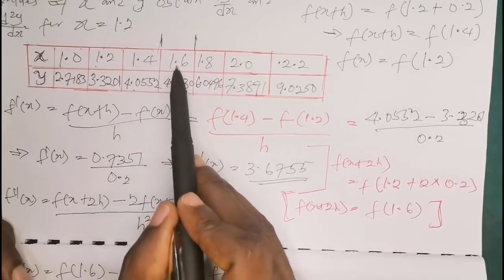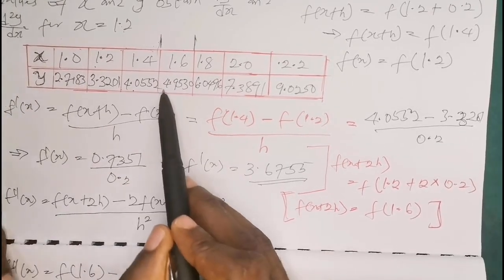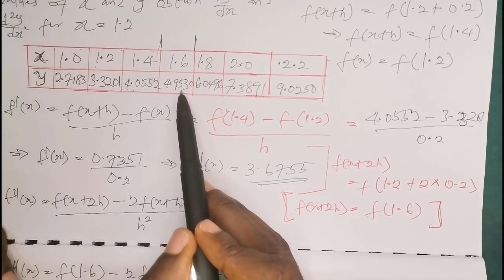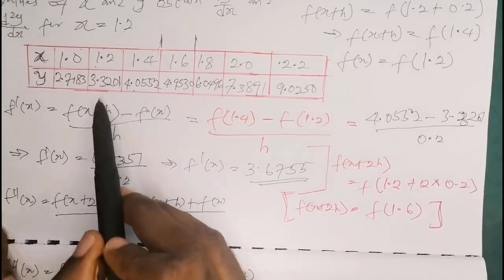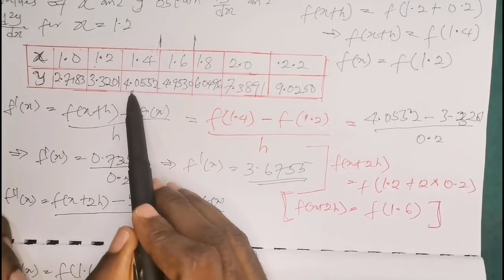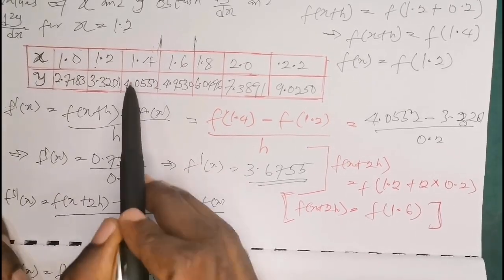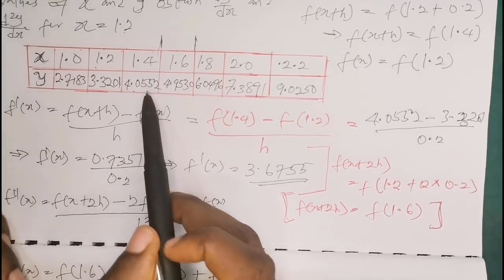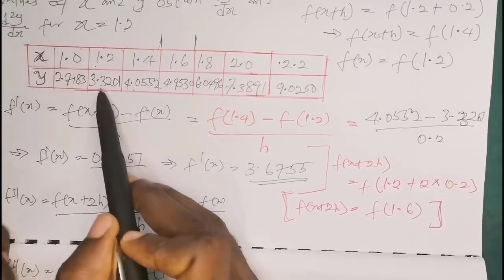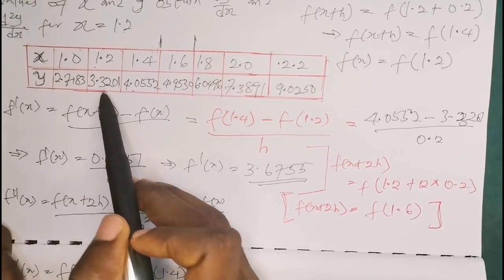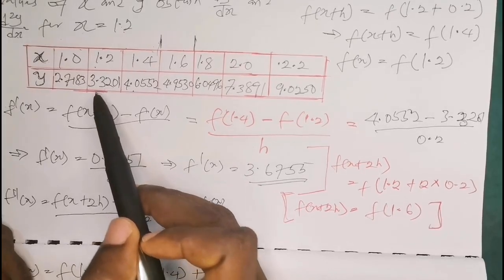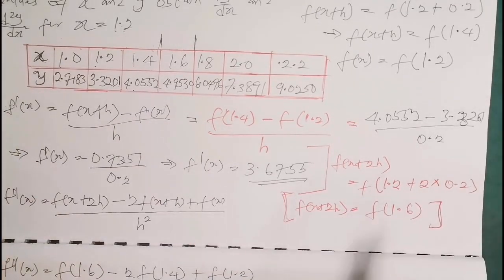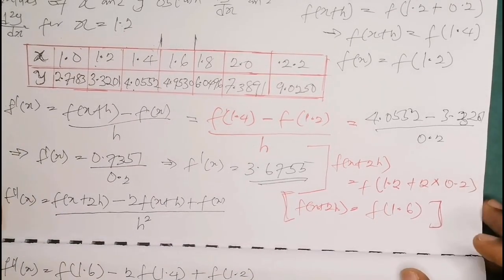So when x is 1.6, y is 4.9530. We already know the value of f of 1.4, which is 4.0552. So when x is 1.4, y is 4.0552. And we also know when x is 1.2, the value of y is 3.3201, as can be seen from the table. So we plug all of this now into the equation.